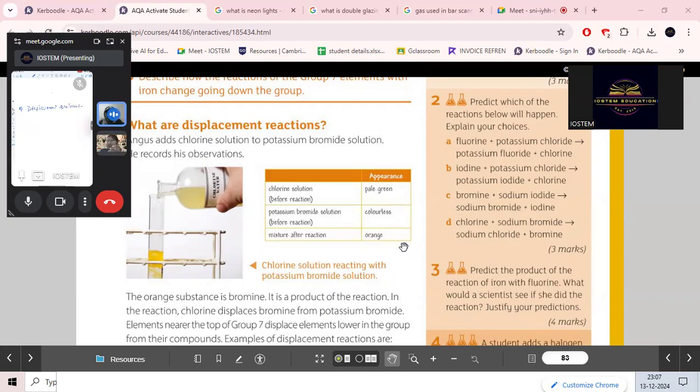Actually, what displacement means is that it is displacing some other element, right?